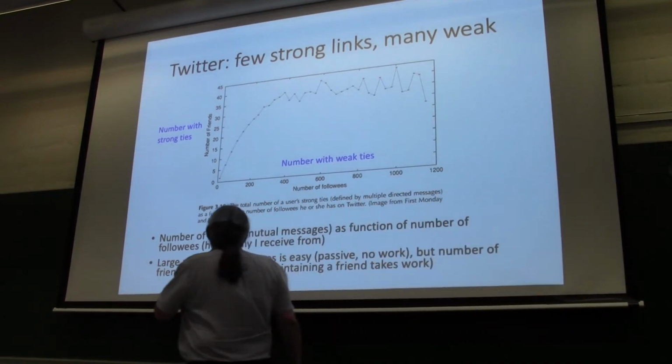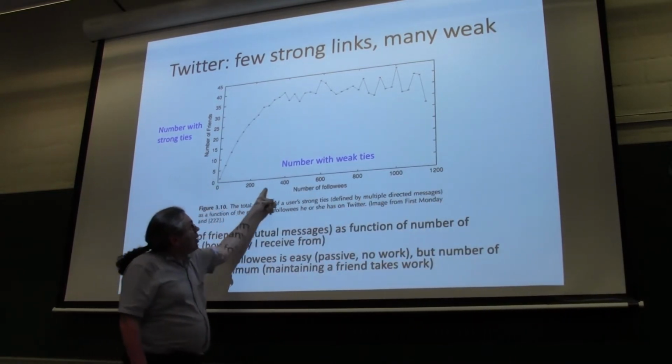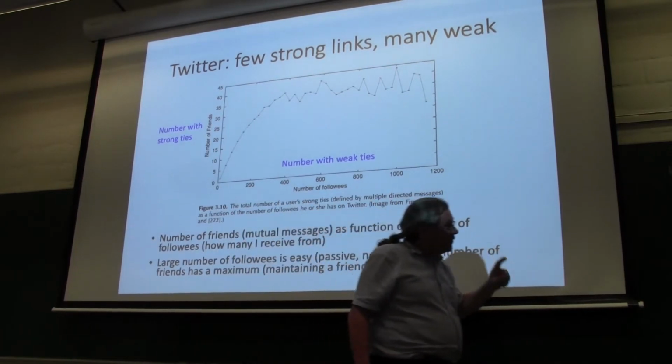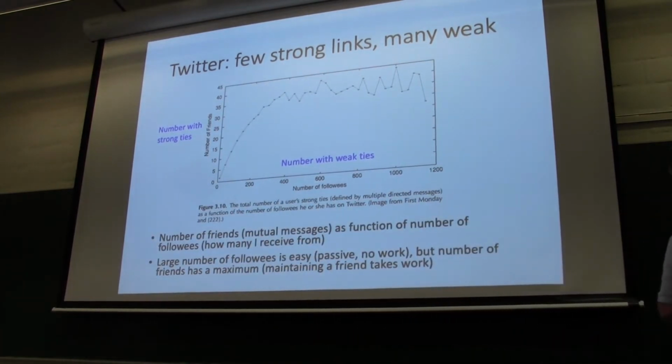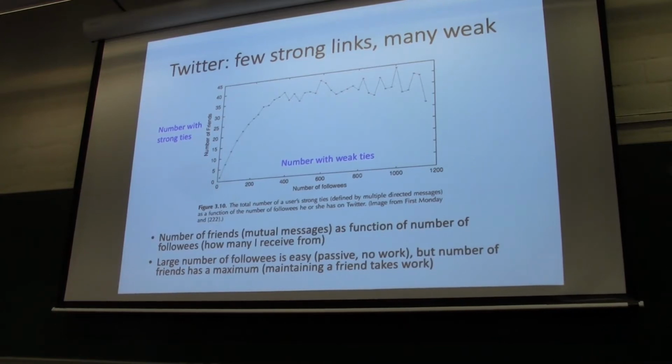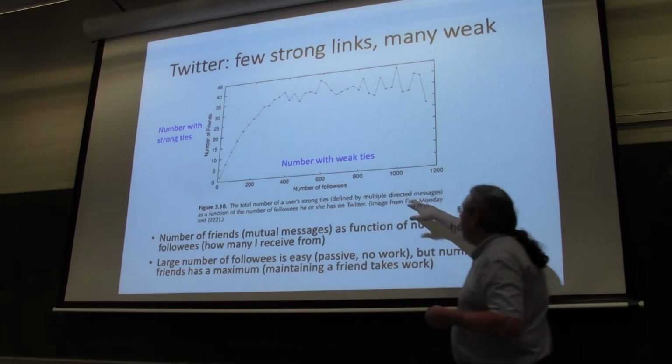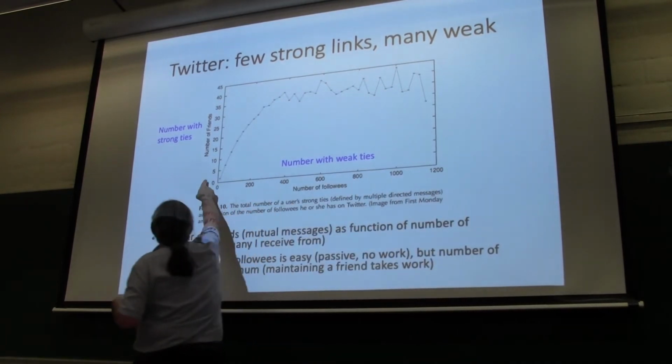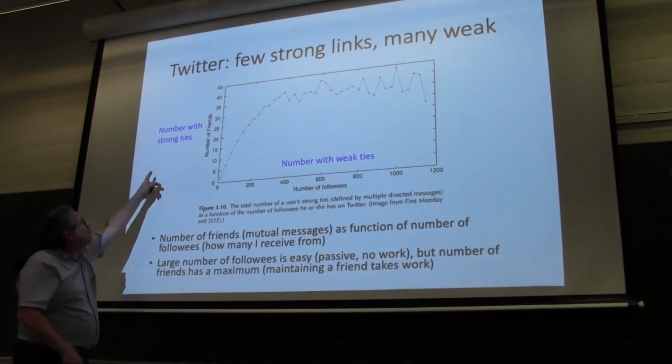Here is the number of followees, that is, for a node, how many people it sends messages to. And here is the number of really closer ones.